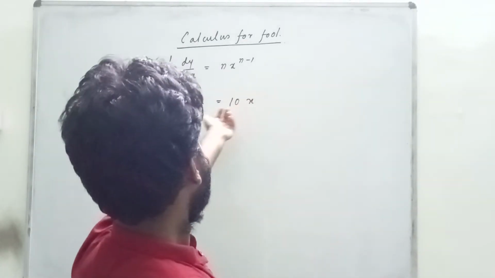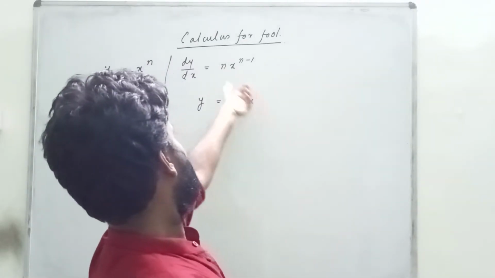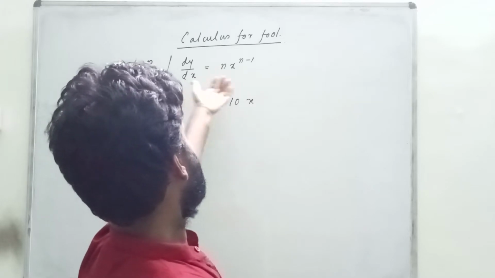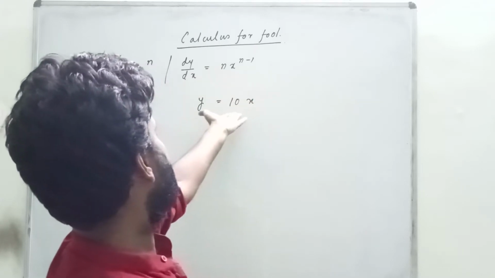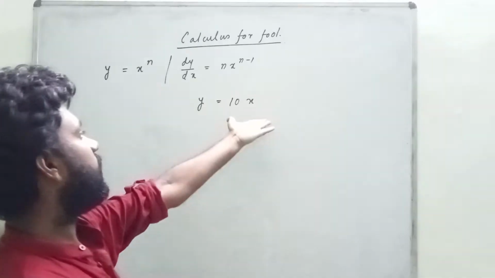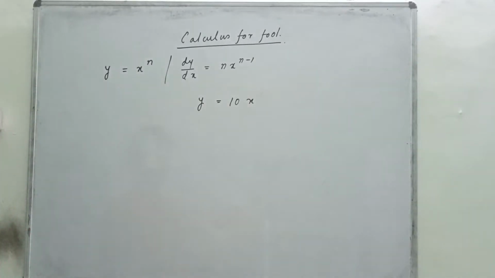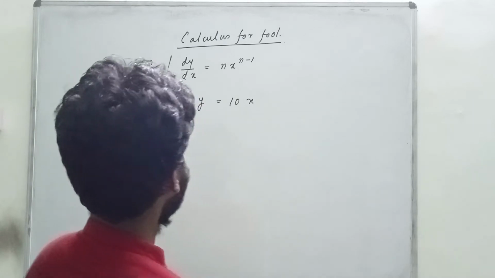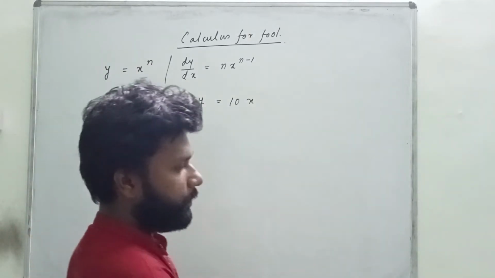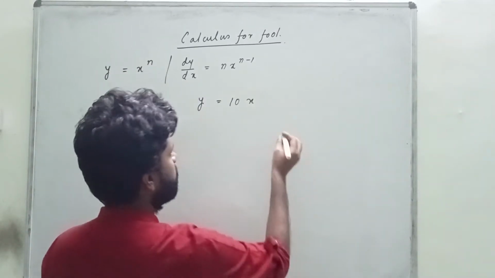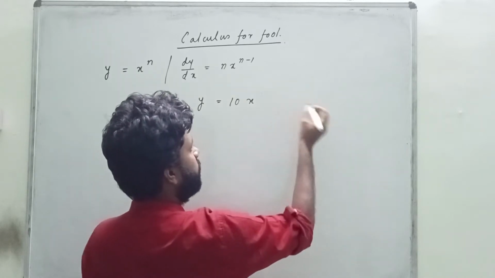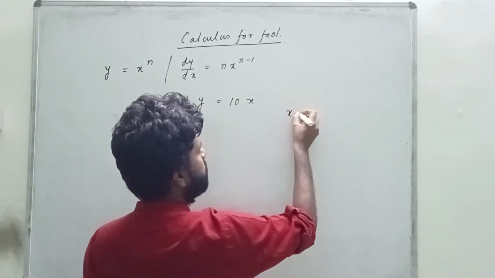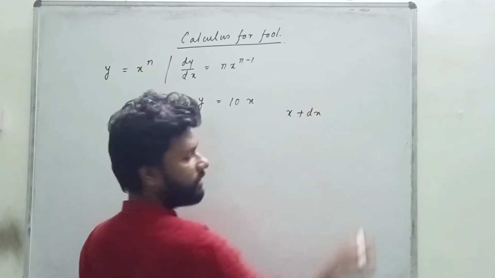If x depends on y in such a way that y equals 10x, then what is actually dy over dx, right? Okay. So you change x, a little bit, the new x becomes x plus dx, right?